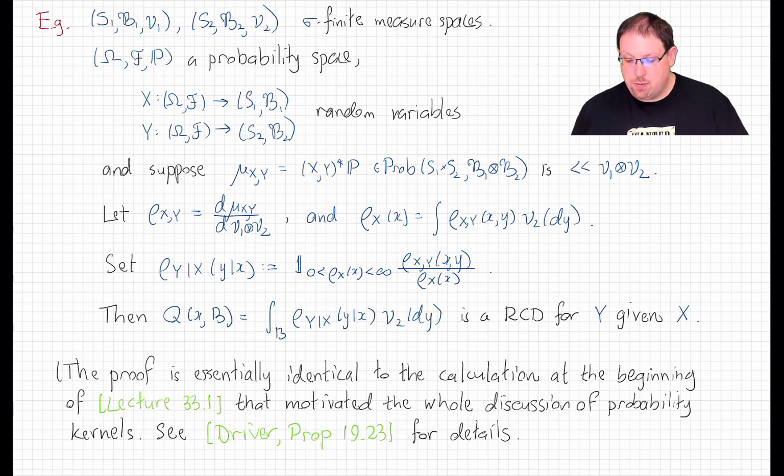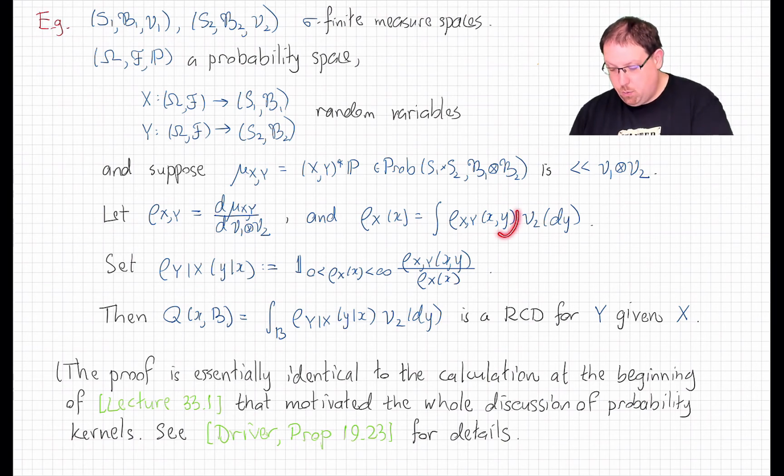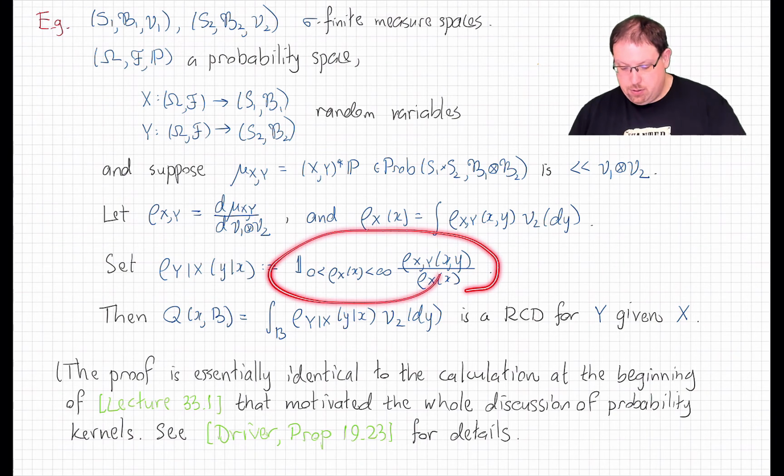This is the most general version of what we did with two real-valued random variables having a joint density with respect to Lebesgue measure. Denote that joint density with respect to the measure nu1 times nu2 as rho, and let rho x be the marginal density of x. That is, you integrate out the y variable with respect to the nu measure on y, and define, in this context, the conditional density of y given x via the exact same formula that we used before.